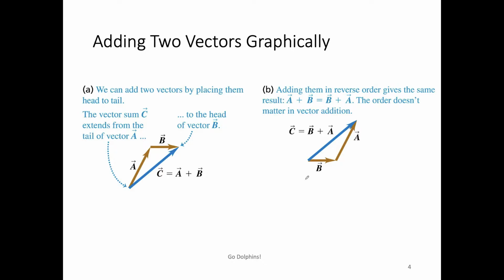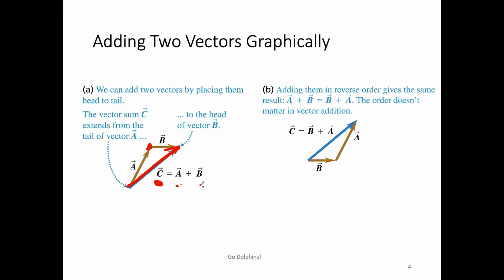And we can try to add two vectors graphically. So if you have vector A and vector B, and you want to add A and B together to give you C, first you draw vector A, then you put the tail of vector B on the head of vector A. You connect the tail of vector A to the head of vector B, which gives you vector C, which is the sum of A and B. And the order doesn't matter.